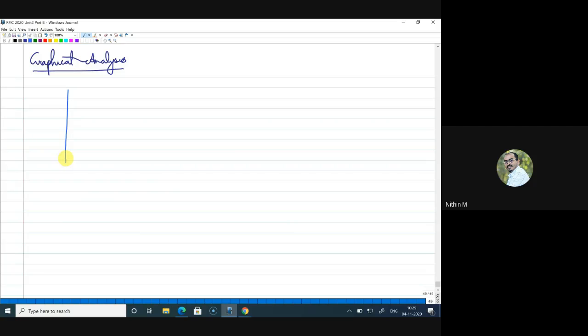We do not have any imaginary components here. Anyway, we'll draw in that form only. This is imaginary, this is the frequency, and this is the real axis.